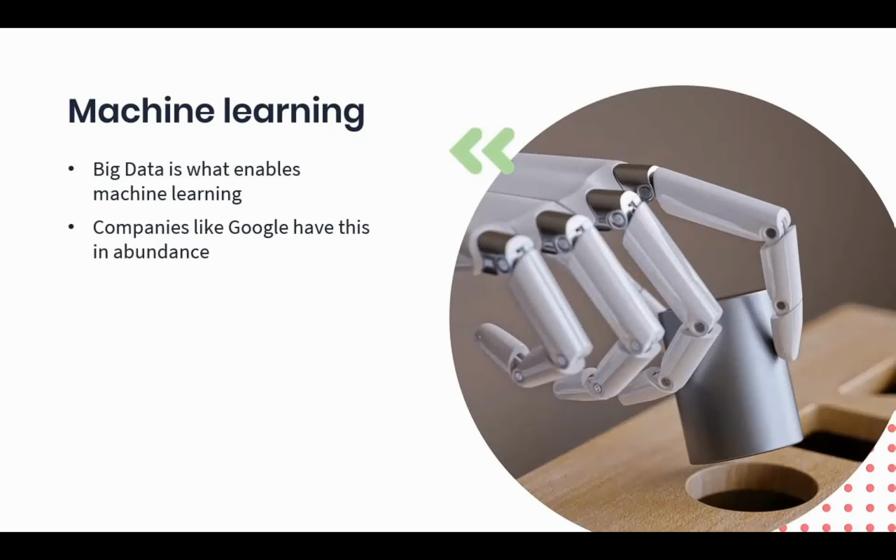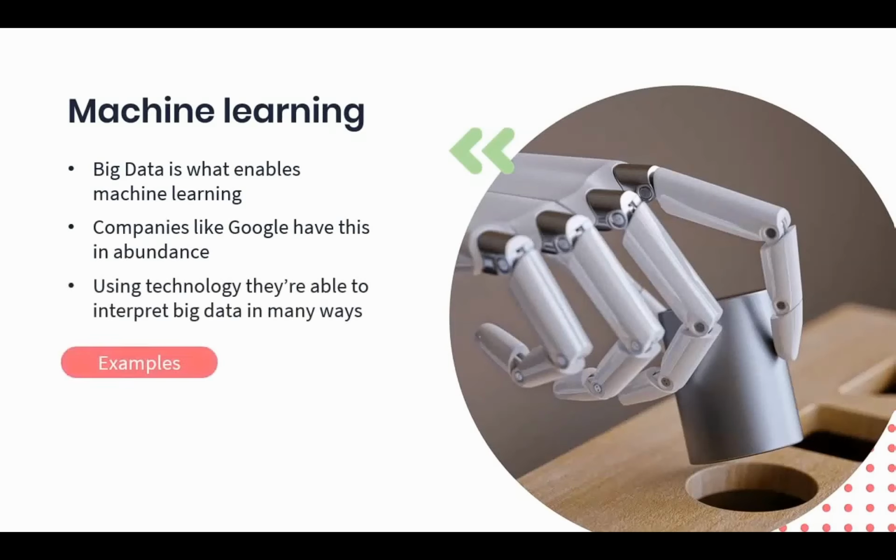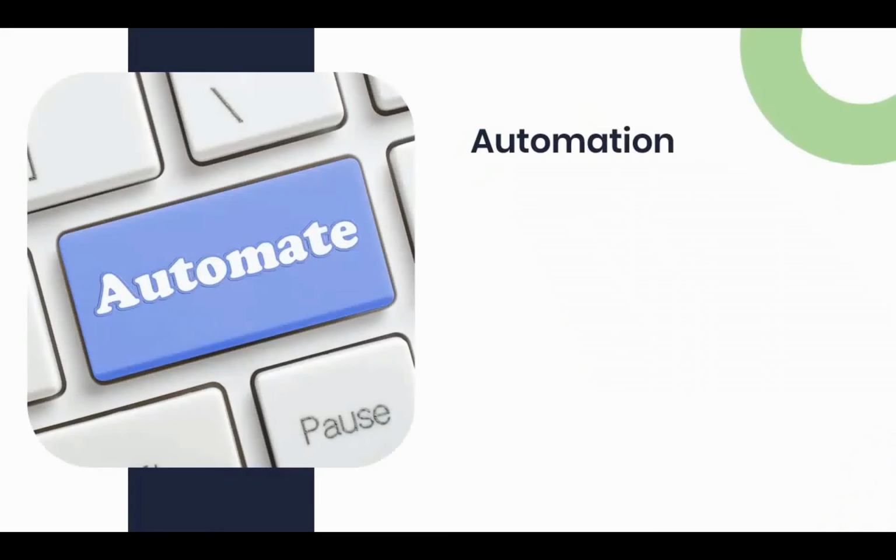Using technology, they're able to interpret this data in many different ways. Machine learning is not just used in marketing. We use it for medical diagnosis, prediction, classification, learning association, and more. Then we have automation, and this is technology doing the work for you, essentially.